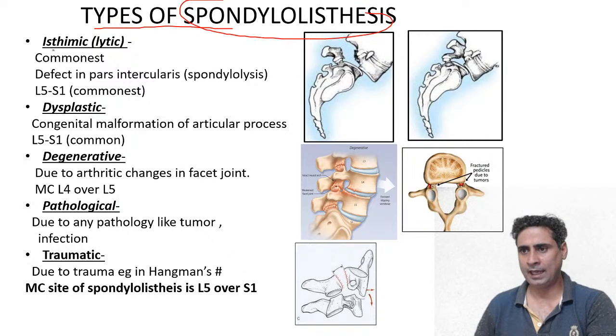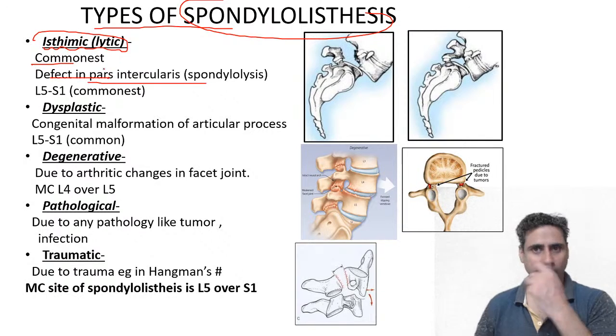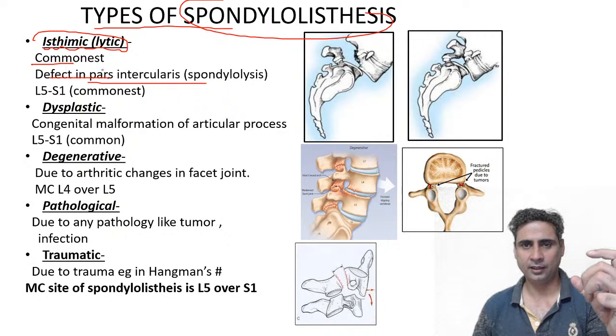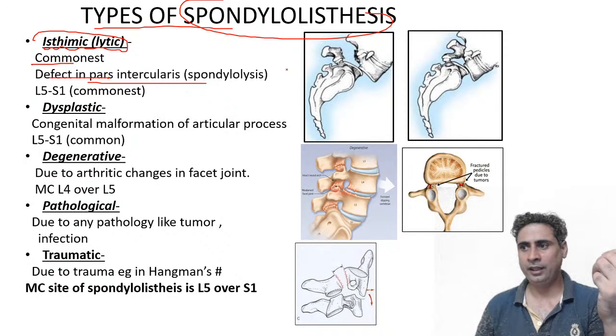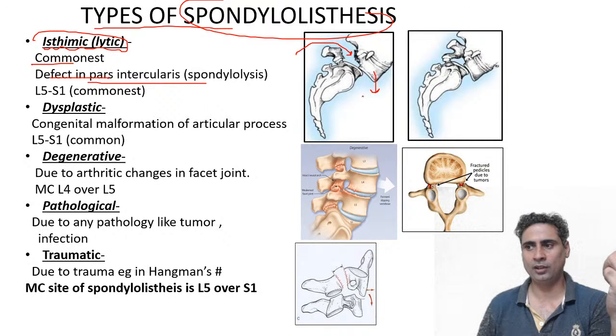The most common type is isthmic or lytic, where there is a primary defect in the pars interarticularis or isthmus of the vertebra, which is very weak, which can either break spontaneously or with trivial trauma, leading to break in pars interarticularis and spondylolisthesis. This type of spondylolisthesis is more common in the L5-S1 area.